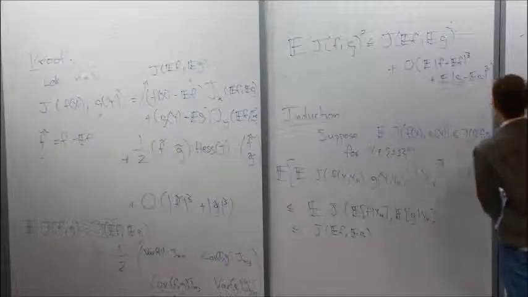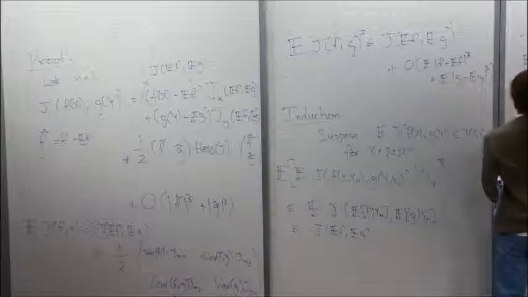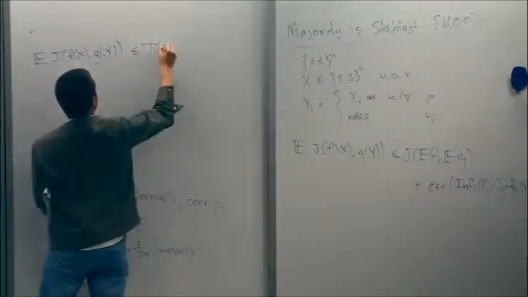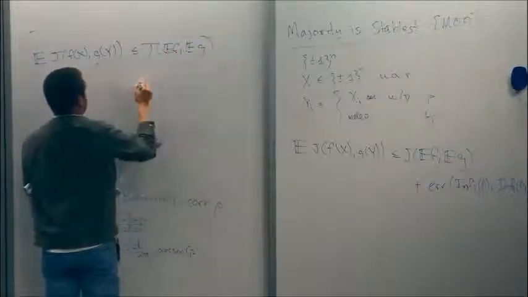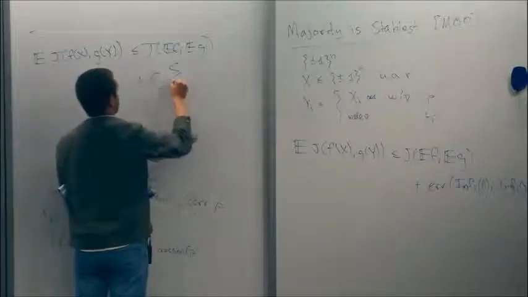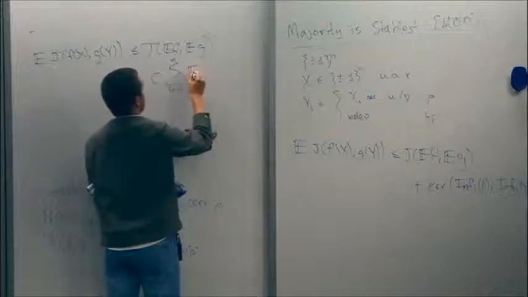What you actually get is expectation of j of f and g is smaller than what you wanted, plus an error term, which looks like the sum of some martingale differences cubed.